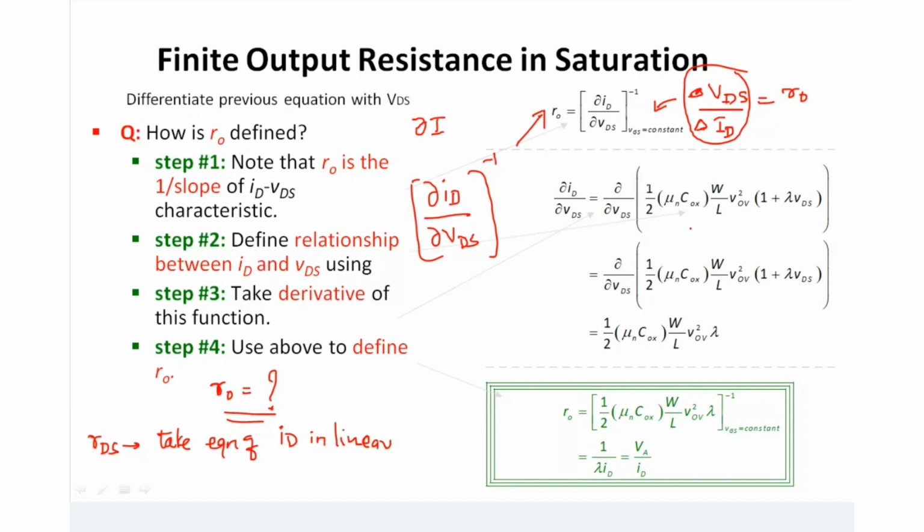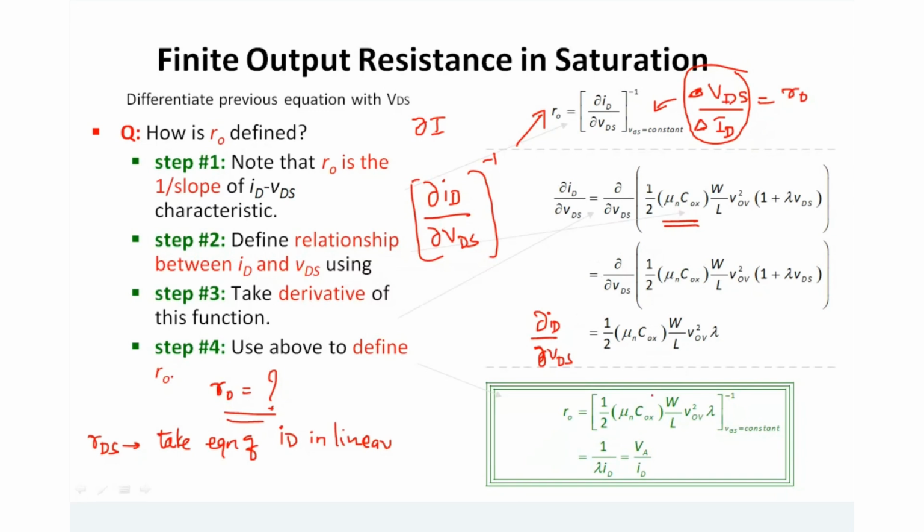So I just take the equation of my ID and do the differentiation, and once I do that, I can ignore the 1 plus delta VDS term because the derivative of the VDS term will be equal to 1. I can just retain the delta term. So this becomes my dou ID by dou VDS, and if I want the resistance out of it, I just take the inverse.